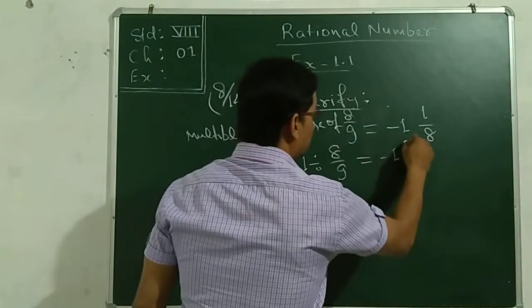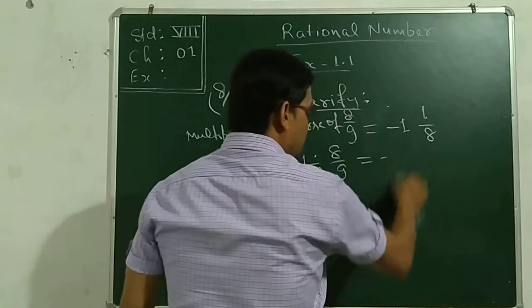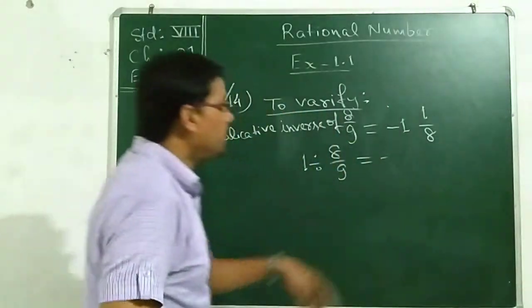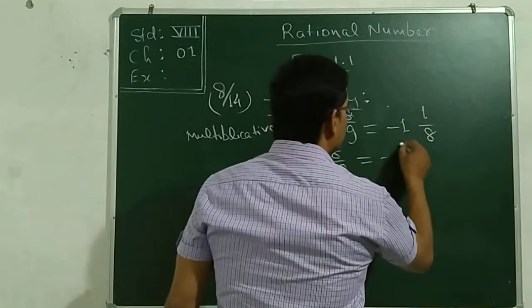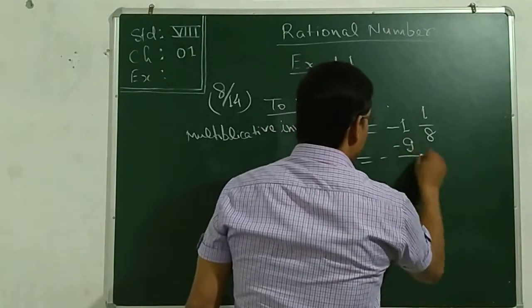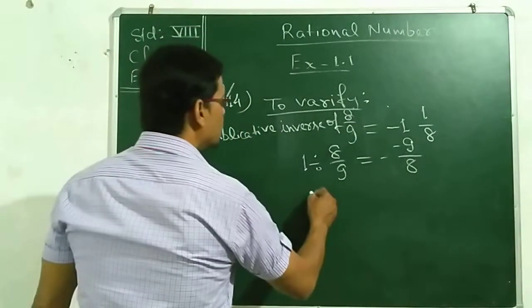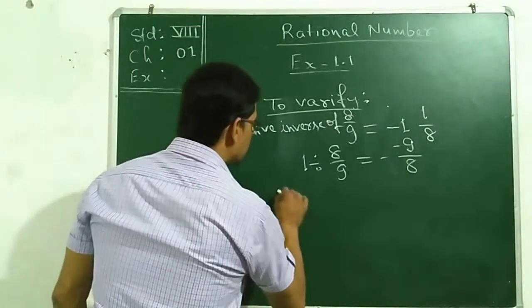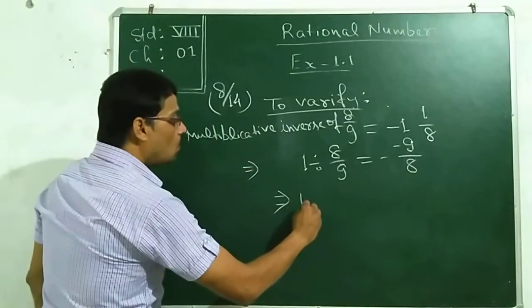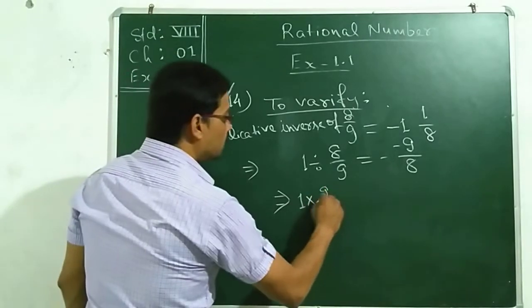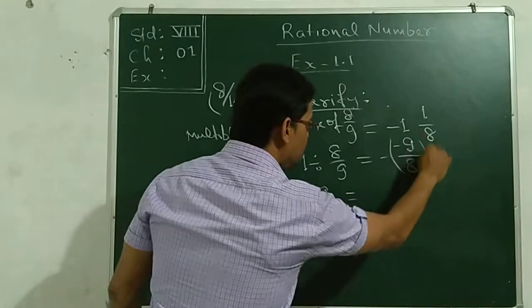In the second step we will change minus 1 whole 1 by 8 into an improper fraction: 8 plus 1, minus 9 by 8. The second step will be 1 into 9 by 8.